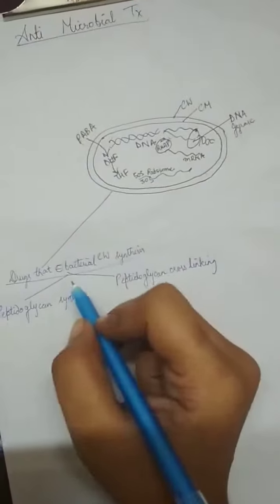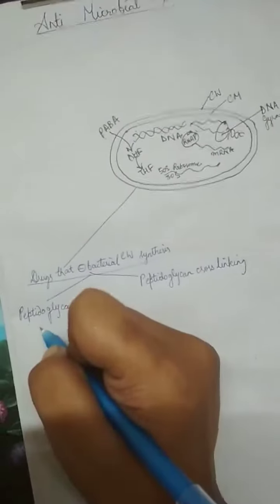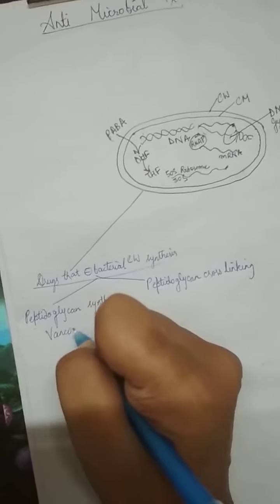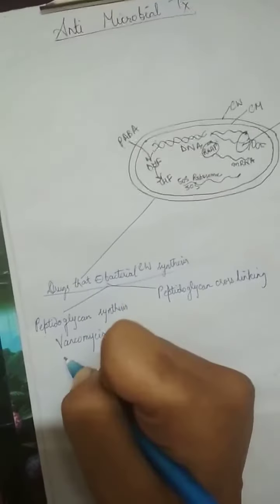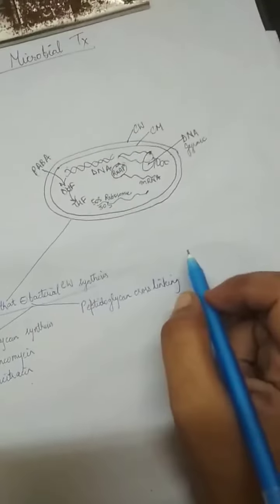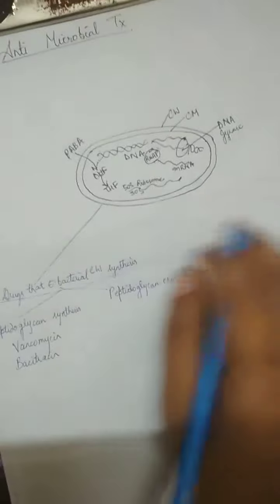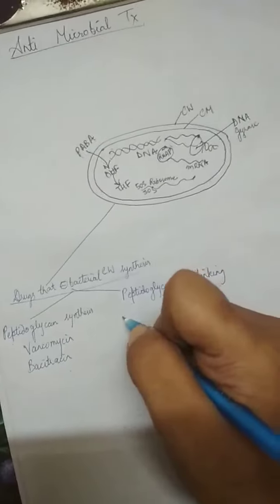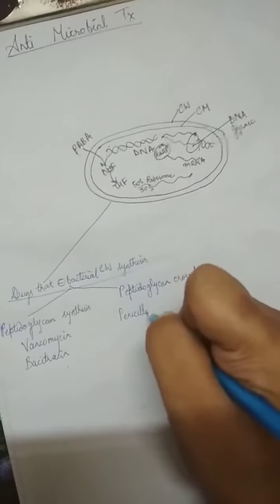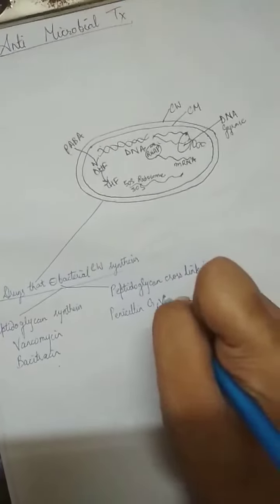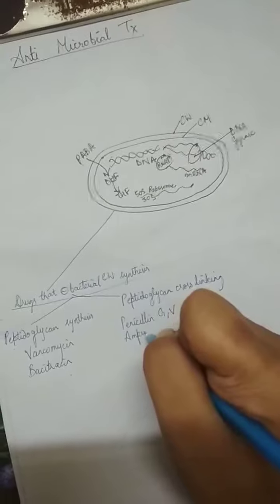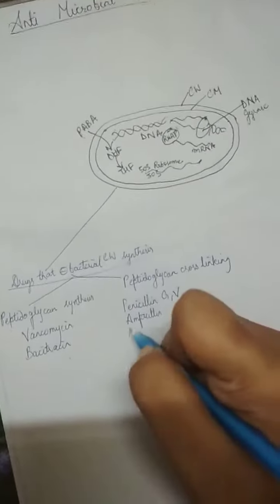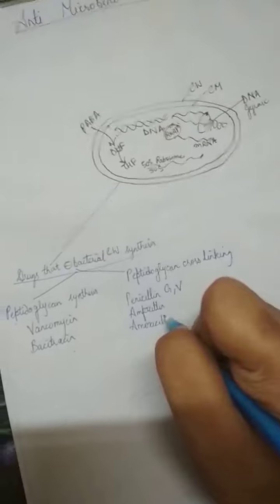Now the drugs that inhibit the peptidoglycan synthesis are the glycopeptides like vancomycin, then bacitracin. Here in case of peptidoglycan cross-linking inhibitors, we have penicillinase sensitive penicillins like penicillin G, penicillin V, then ampicillin, amoxicillin.